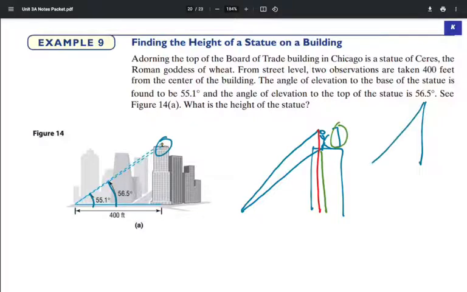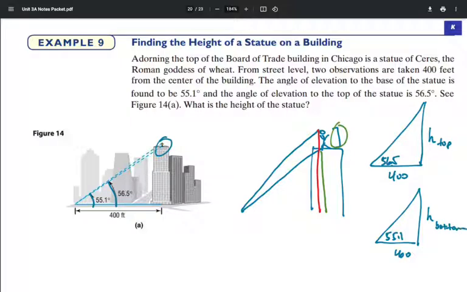You've got one where the angle is 56.5, and you are 400 feet away, and you're trying to figure out how high it is to the top of that statue. And then your other triangle is still 400 feet away, but now your angle is 55.1. And you're trying to figure out how high it is to the bottom of the statue. So the height of the statue will be the height of the top minus the height of the bottom.